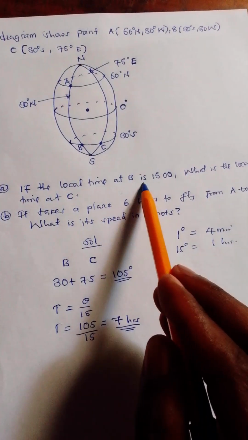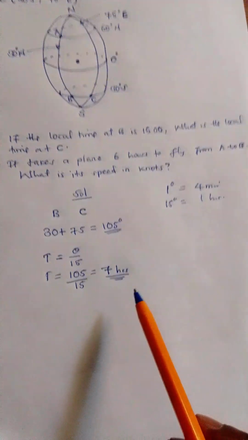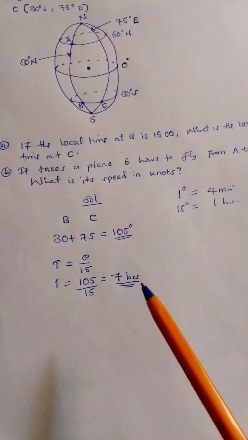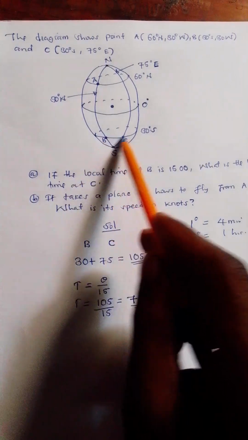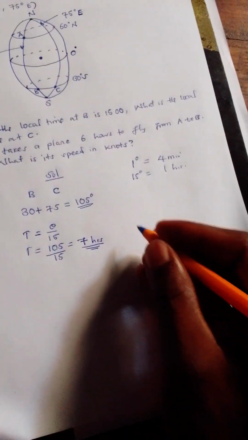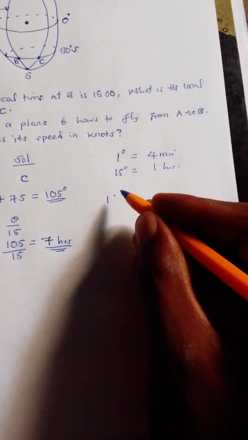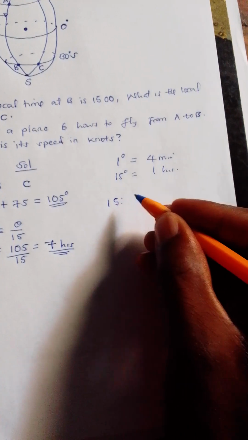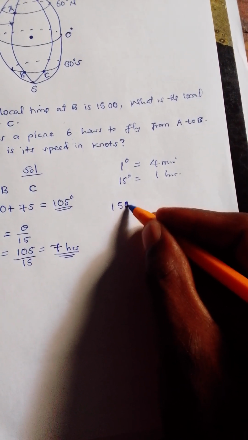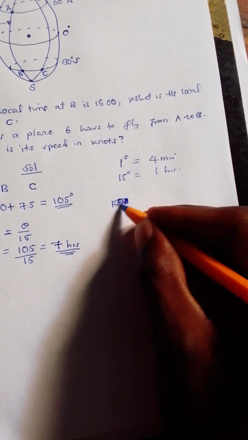Since at B it is 15 hours, then at C we are going to add the 7 hours we've calculated, because we are going east, so we are gaining time. We don't put a sign on time, because that denotes a ratio.